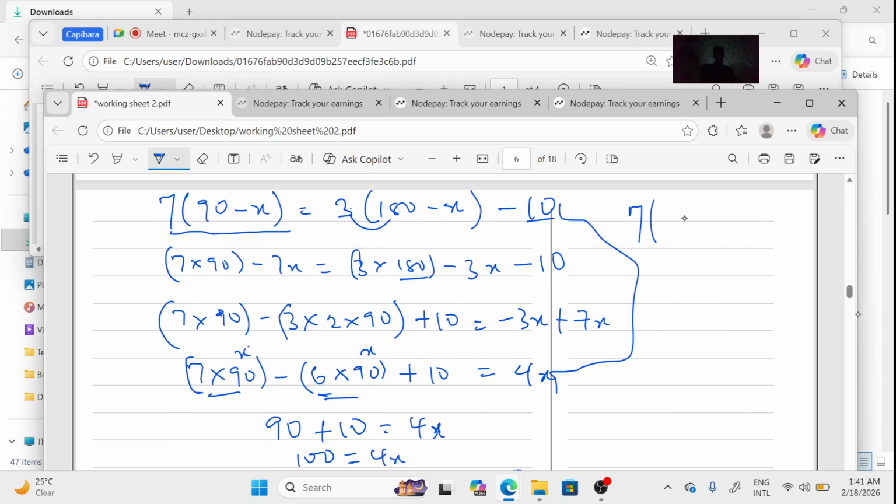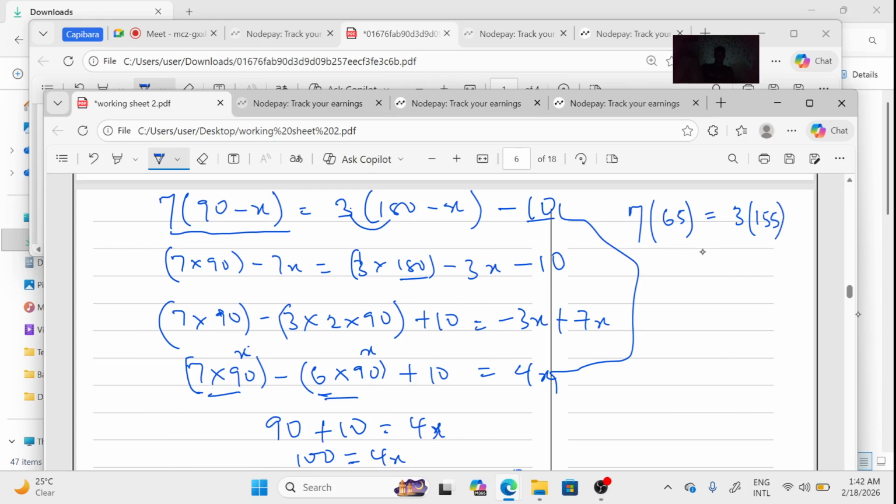Supplement of 25 is 65, if I'm right, is equal to 3 times, what is the complement of 25? Complement of 25 is 180 minus 25, that's 155. Am I right? I think I'm right. 155.